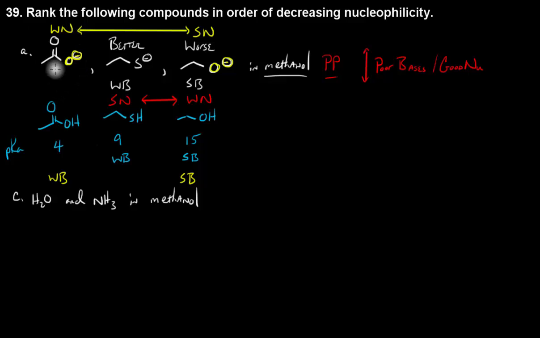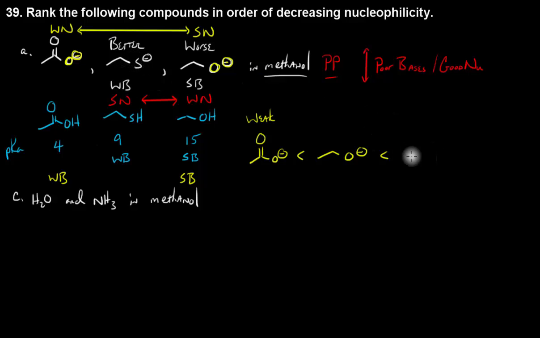So between the carboxylate and the ethoxide, we know that the carboxylate is going to be a worse nucleophile than the ethoxide. This is going weak to strong. We know that the carboxylate is weaker than the ethoxide, and we also know that the ethoxide is weaker than the conjugate base of the thiol.